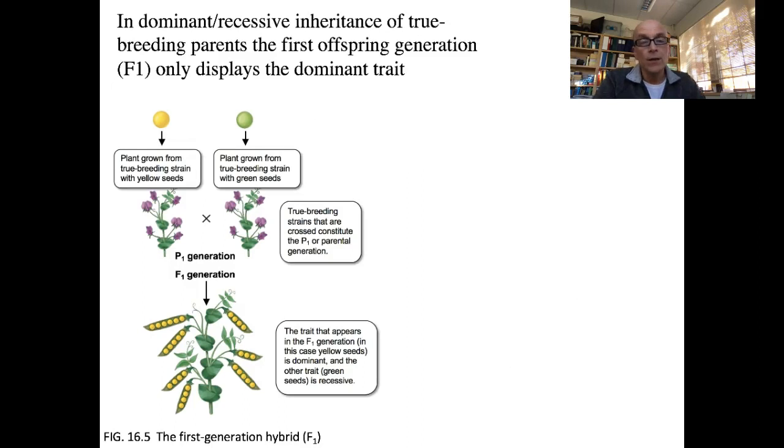Okay, so in a dominant recessive inheritance experiment, and Mendel did that as well, you usually want to start with so-called true breeding parents. A true breeding parent is one that would always result in the same trait if you were just to look at the chromosomes from that particular parent.